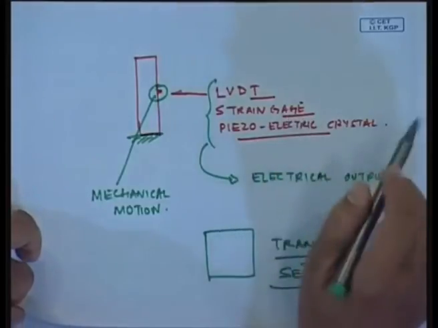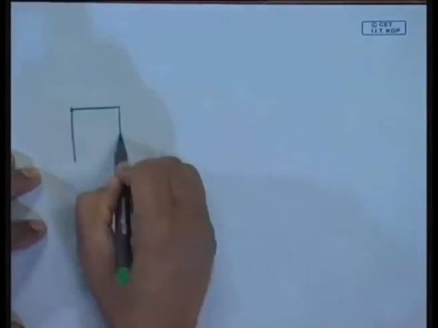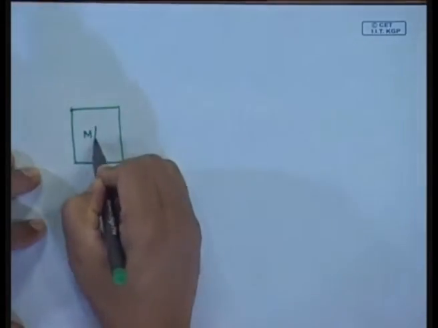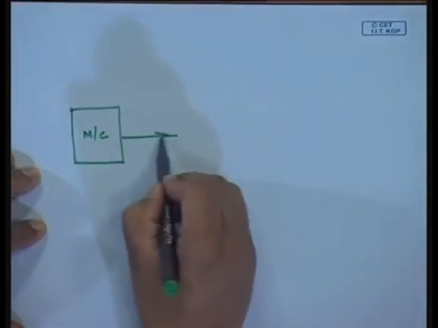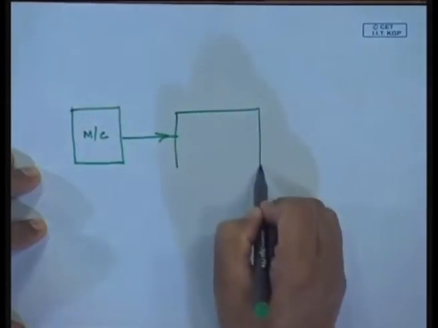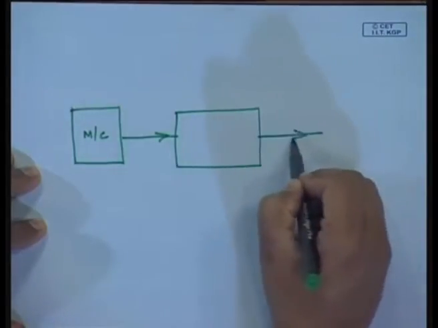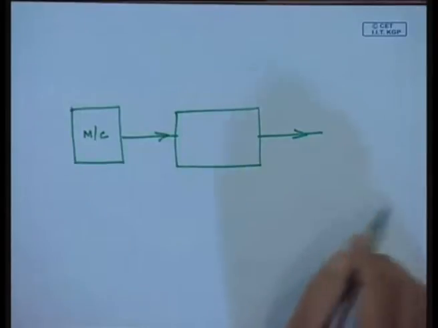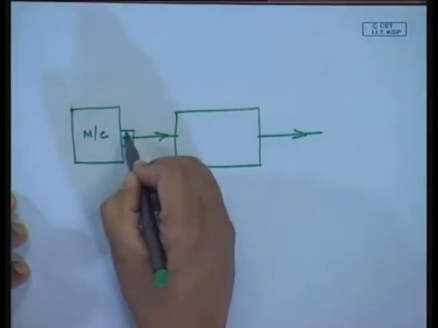So, coming back to our discussions on the sensing element, there could be LVDT, strain gauges, piezoelectric crystal, etc. But between the machine and the sensing element, I have a certain intermediate step wherein I put a transducer.